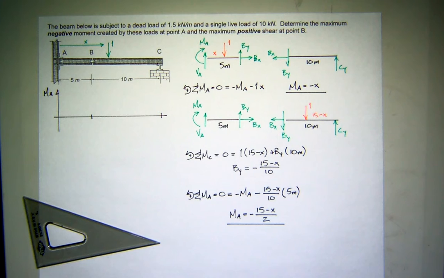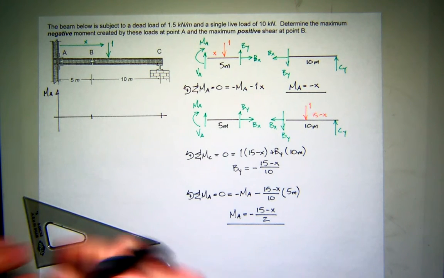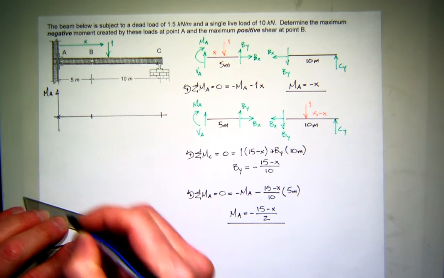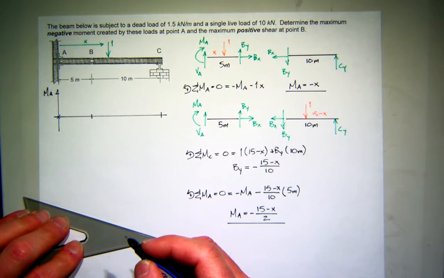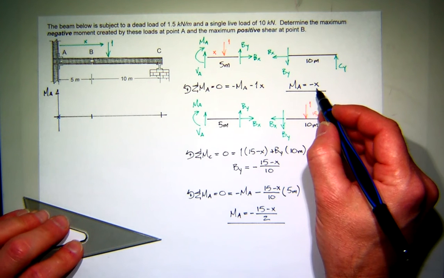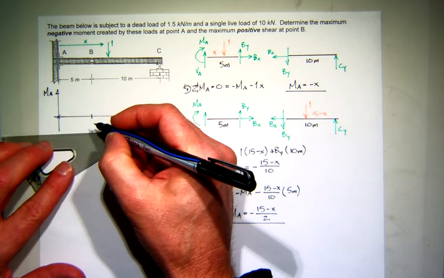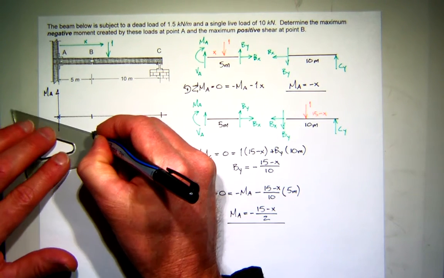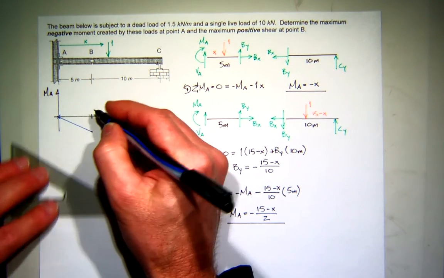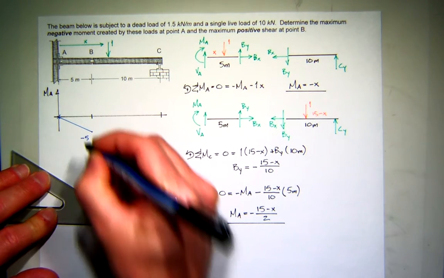So when x is 0, the moment is 0. When x is 5, what happens? It's negative 5. Like that. So this will have a value of negative 5.